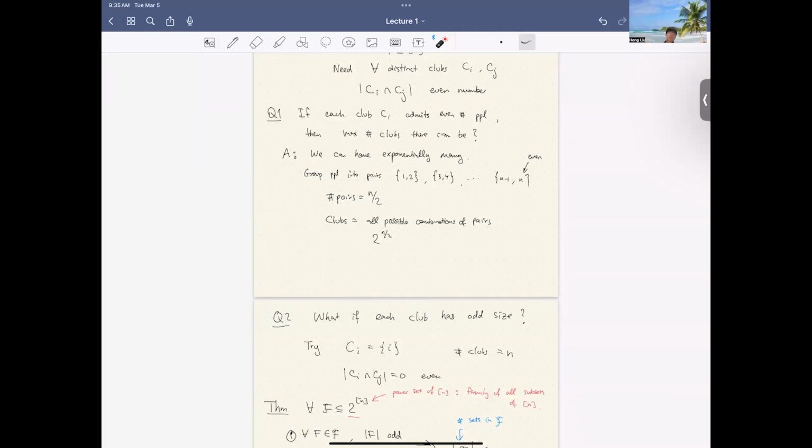They all satisfy some common property: they must be of odd size, and you also impose a restriction that their intersections must be even. Now the parameter you care about is the number of sets in this family, and you want to maximize that. In extremal combinatorics, you always have some discrete objects with some common property, and you want to maximize or minimize some parameter about this family.